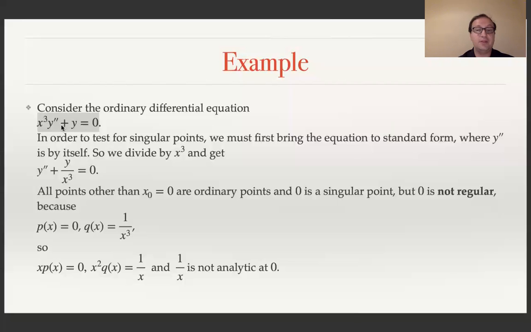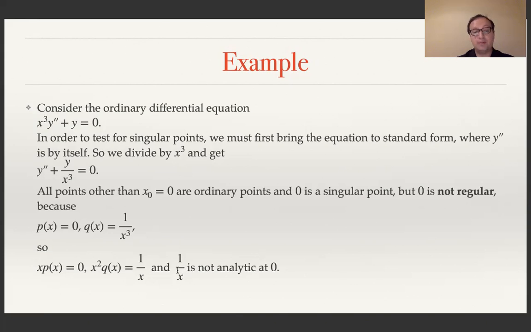For example, for this equation, x cubed y double prime plus y equals 0, we have no special difficulty in solving it if we solve it for an initial condition starting not at 0. So, for example, y of 1 is 3 and y prime of 1 is minus 3. So we can solve it in that case by using power series.